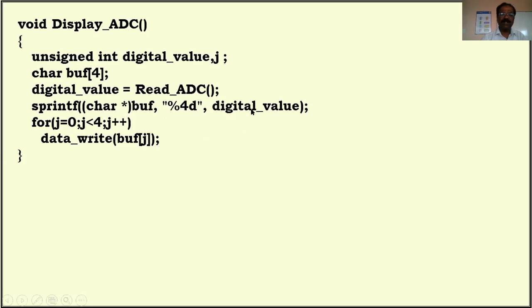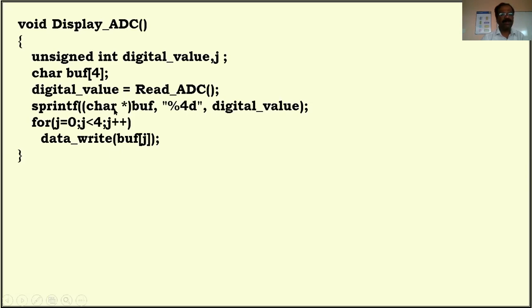Then it's going to write the ASCII equivalent of this particular information into this particular array. What is the name of the array? Buffer. It's a pointer type. It will convert the digital value into the equivalent ASCII value, that is nothing but a string, into this particular array.